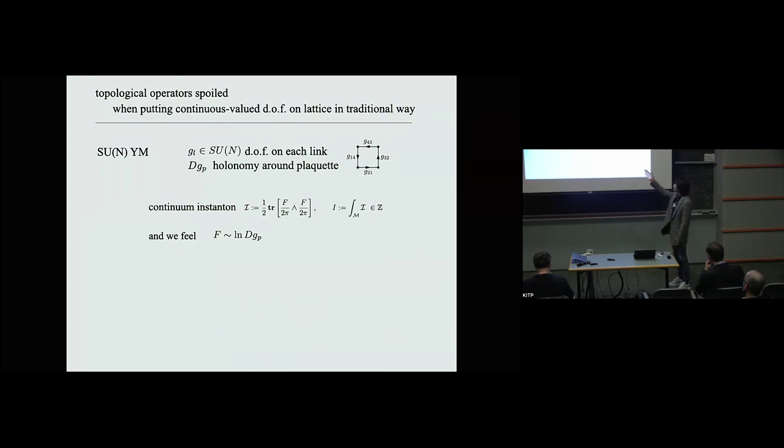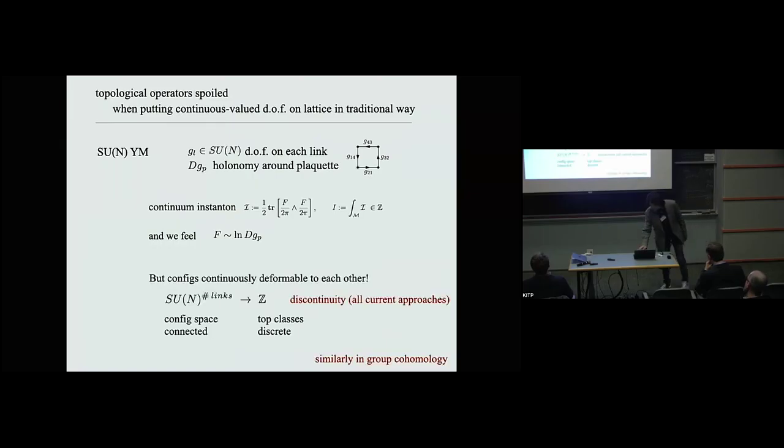And we feel that if the dg on the lattice is sufficiently close to identity, then F is roughly speaking log of dg, right? But when we do a lattice sampling in a large system size, one cannot guarantee that dg is close to identity everywhere, right? And in that case, the logarithm is not a single-valued function.